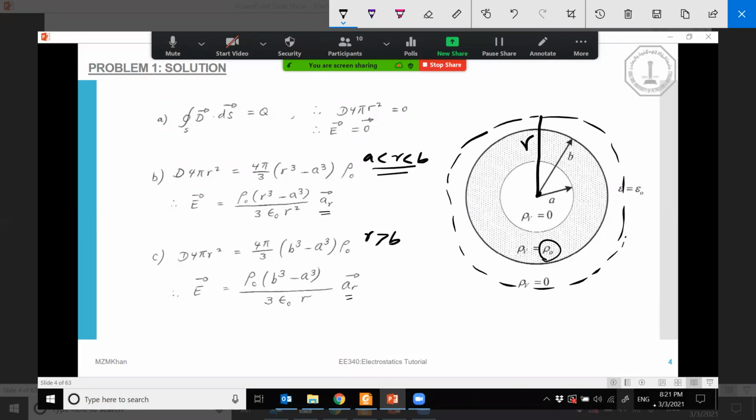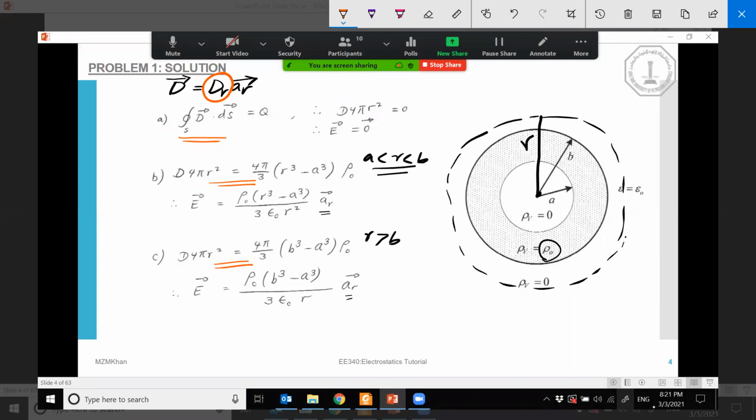Therefore, before even starting to solve, we can say from our experience that my D̄ should be D_r a_r. That means it should have only one component, the a_r component. This is coming from our experience. And now, to find this unknown part D_r, we use Gauss's law. Got it?